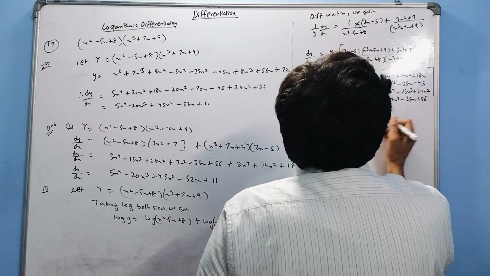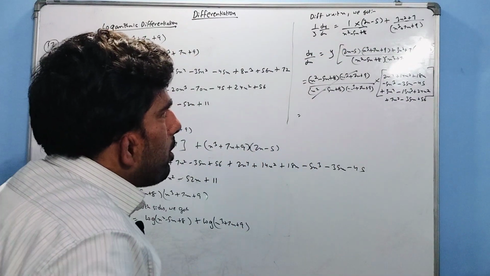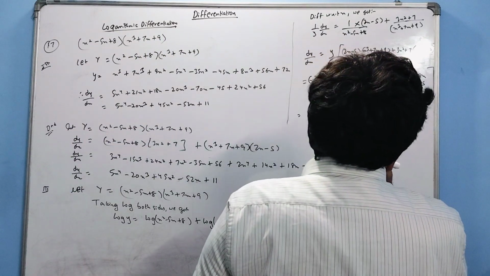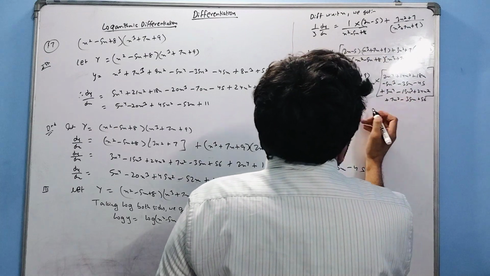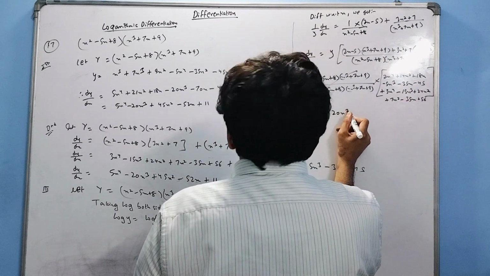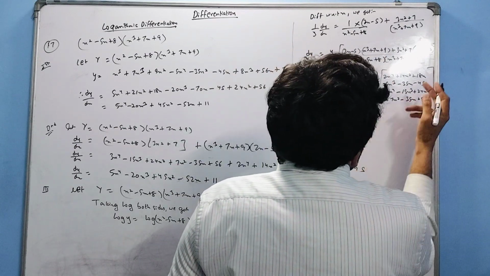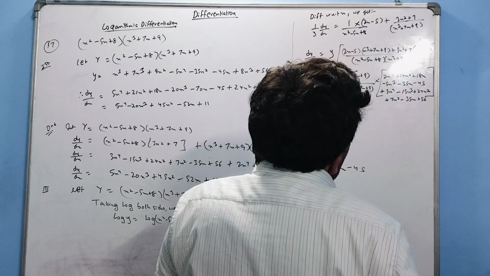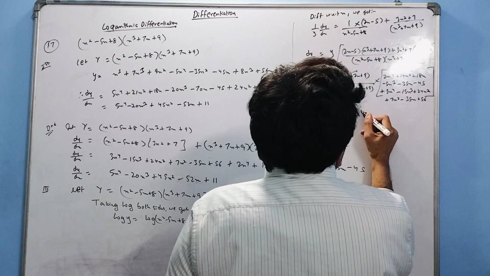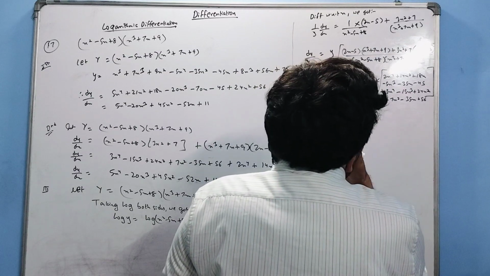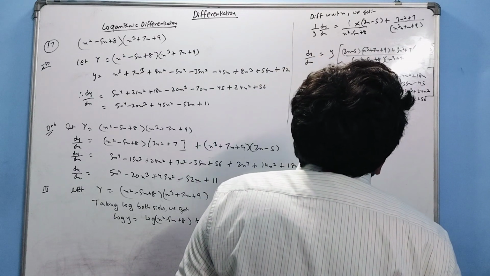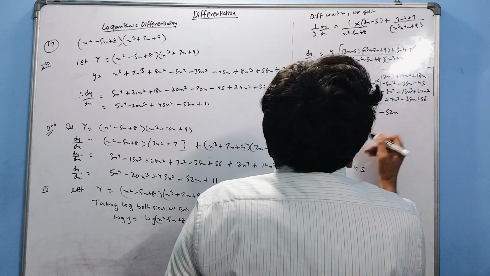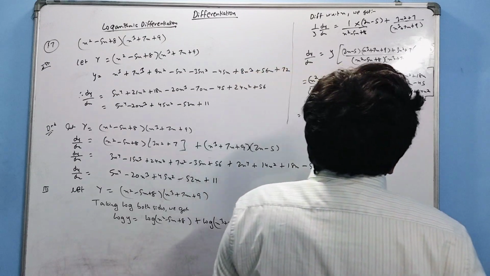So now if I solve this, I got 5x^4, then minus 20x cube, see the same answer is coming, then 14x square plus 24 plus 7, that is 45x square, then minus 52x, and lastly minus 45. It will be the same here.